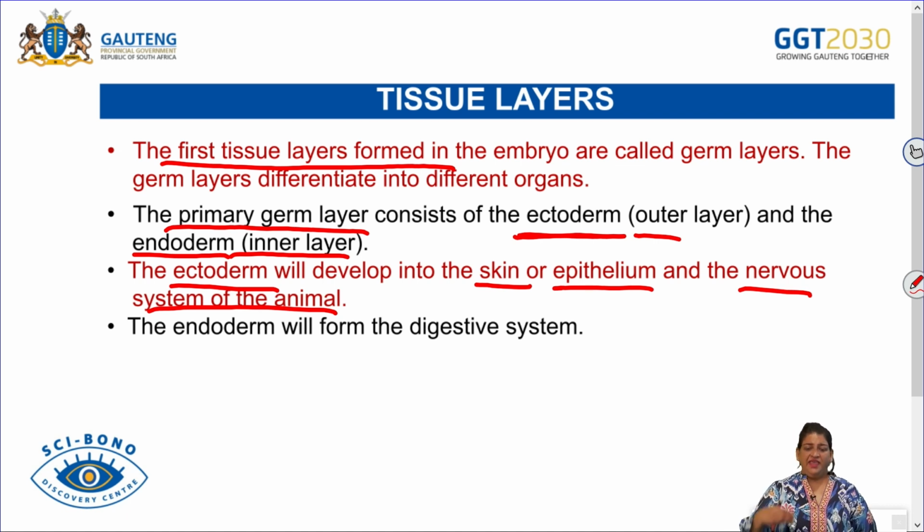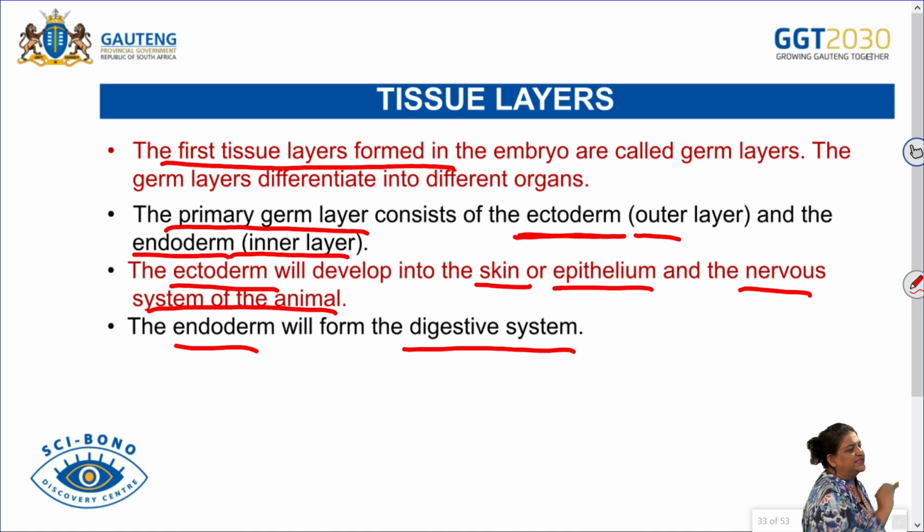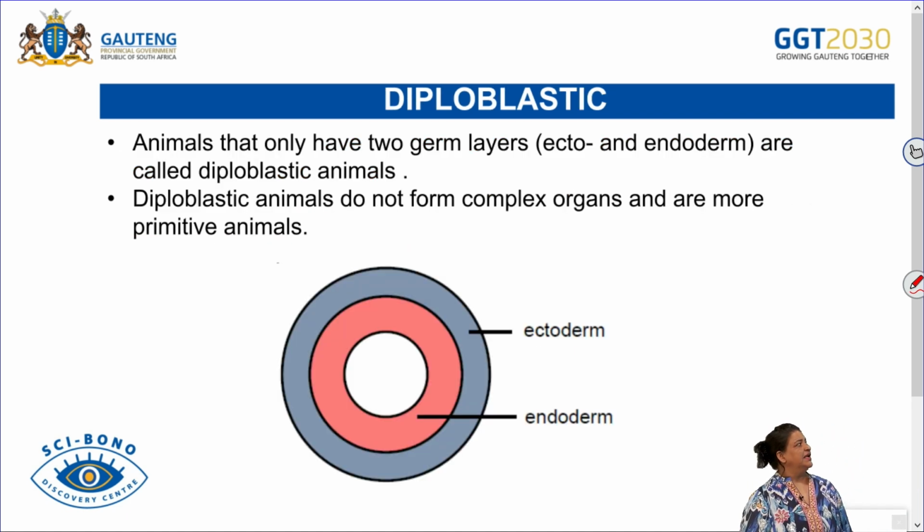The ectoderm. And the endoderm will give rise to all the organs inside the animal. Basically, your digestive system, your heart, and things like that. It comes from the inside, right? The endoderm. So the endoderm will form, for example, the inside, the digestive system. Diploblastic means two layers.